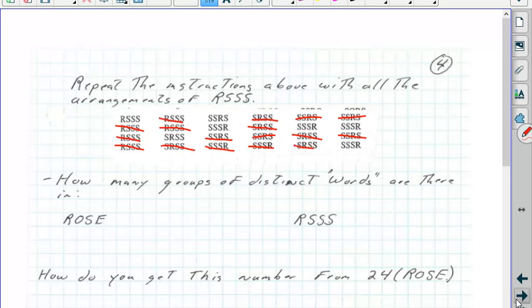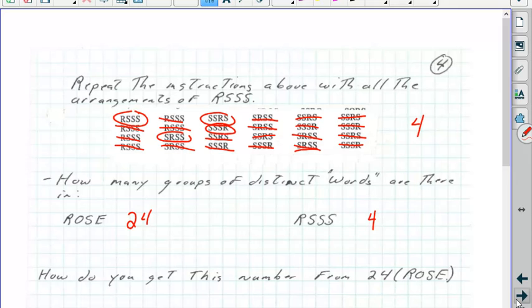There's there. Oh, I stripped off that guy earlier. What we end up with is we have 4 distinct arrangements. So there are 24 in ROSE and 4 in RSSS.